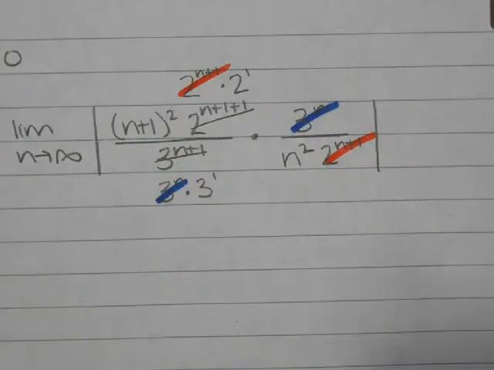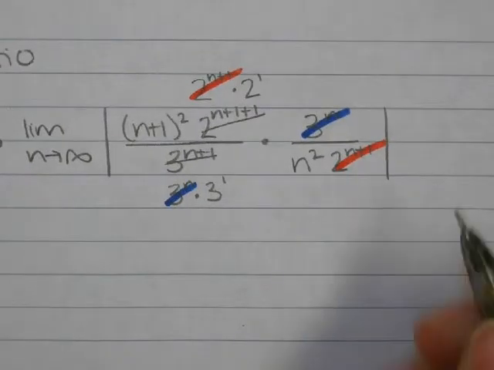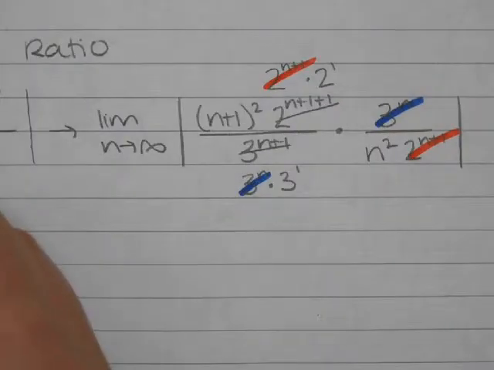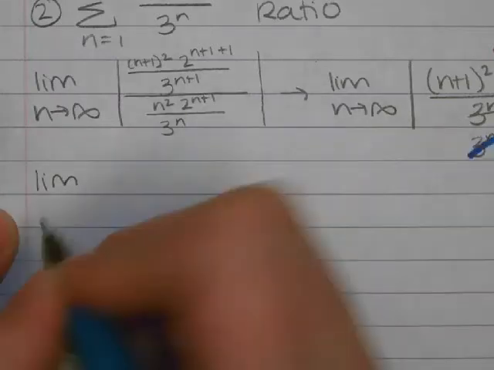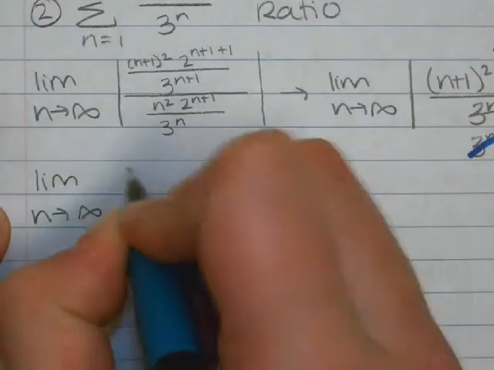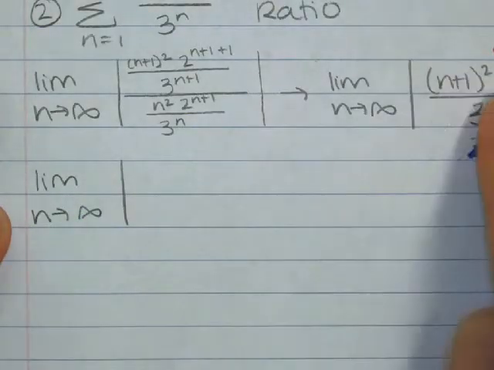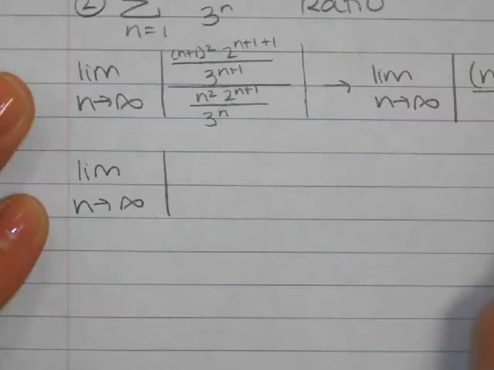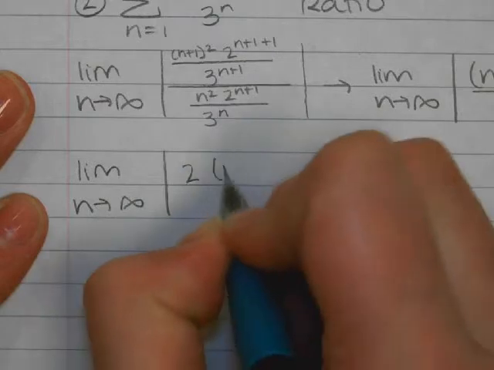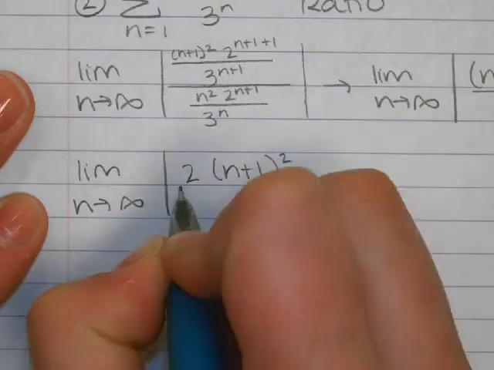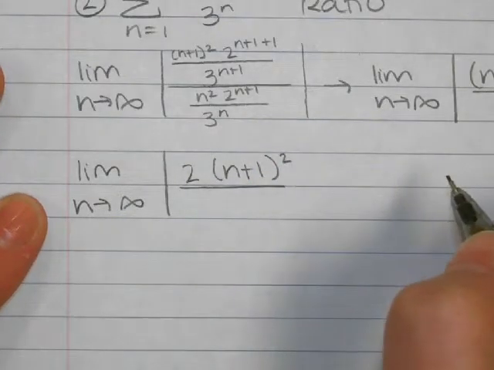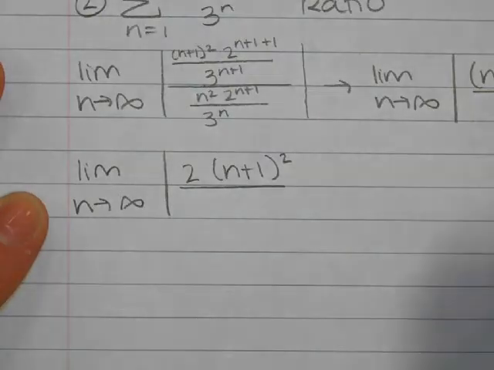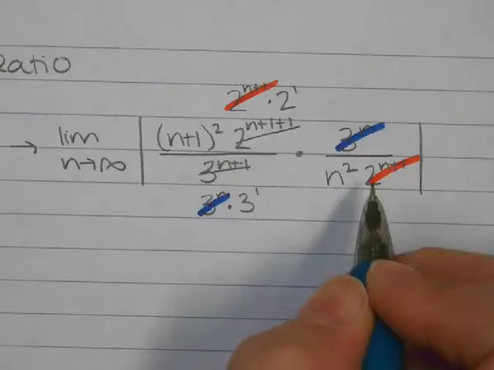Okay, so what we have now is the limit as n goes to infinity, and my leftovers: I have the n plus 1 squared on the top, and I also have a 2. So I have 2 times n plus 1 squared on the top, and then on the bottom I have a 3 and an n squared.